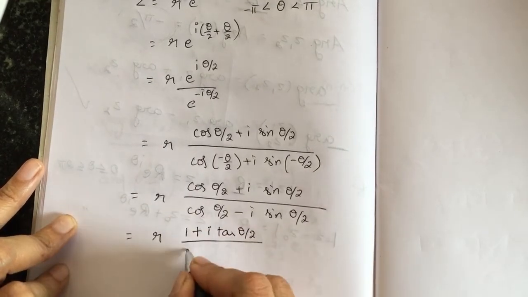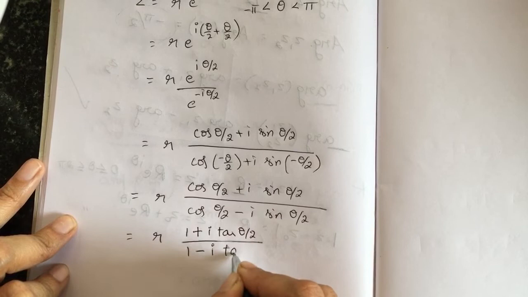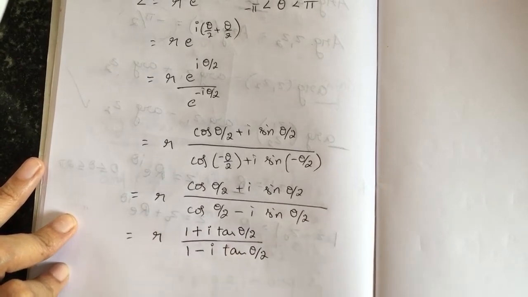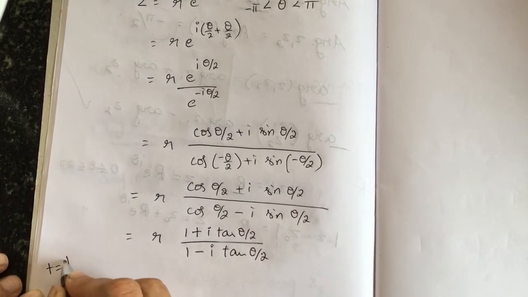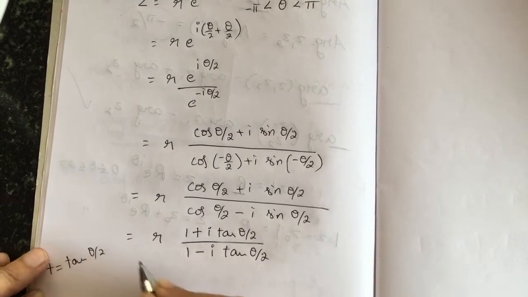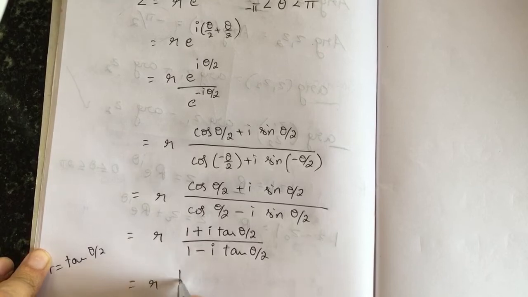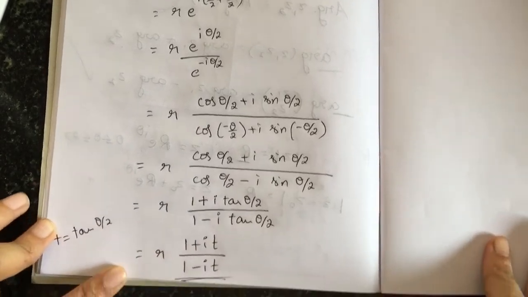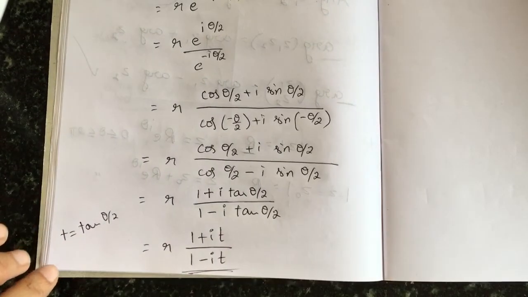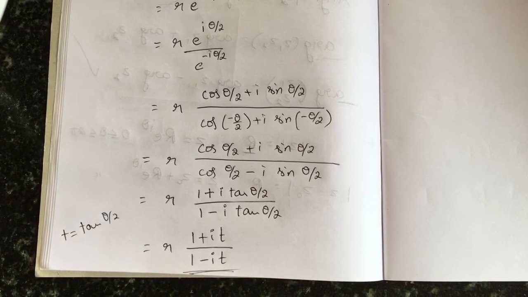Similarly over here, 1 minus i tan theta by 2. If I take t equal to tan theta by 2, then this will be r into 1 plus i t divided by 1 minus i t, where t is nothing but tan theta by 2.